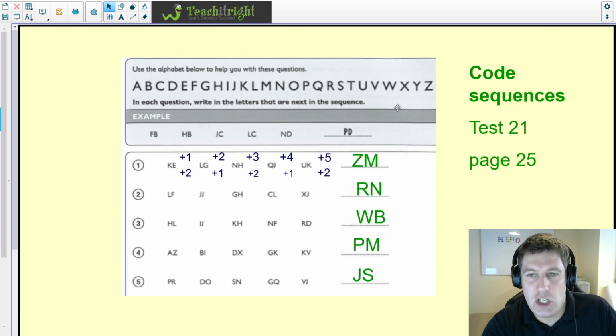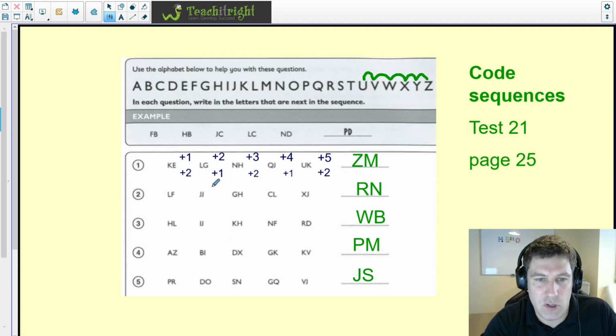So if we went to U and jumped 5, I'd go 1, 2, 3, 4, 5, and I would get Z as my first letter. The second letter had a slightly different jump. It went +2, +1, +2, +1, +2. So if we get to K and add 2 on, 1, 2, we get M.